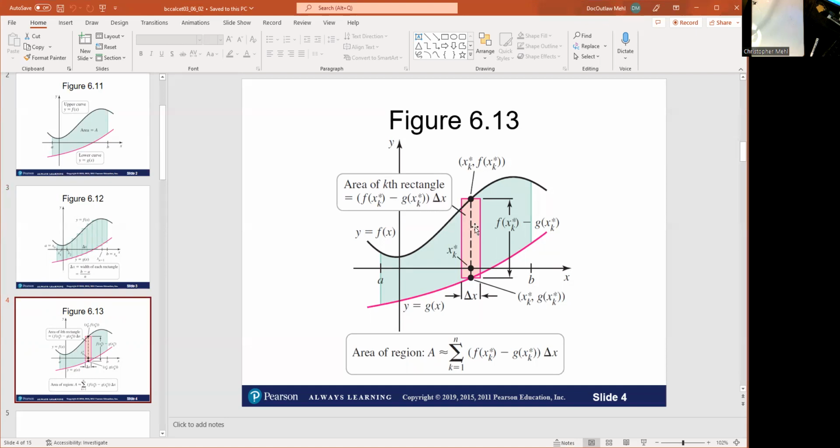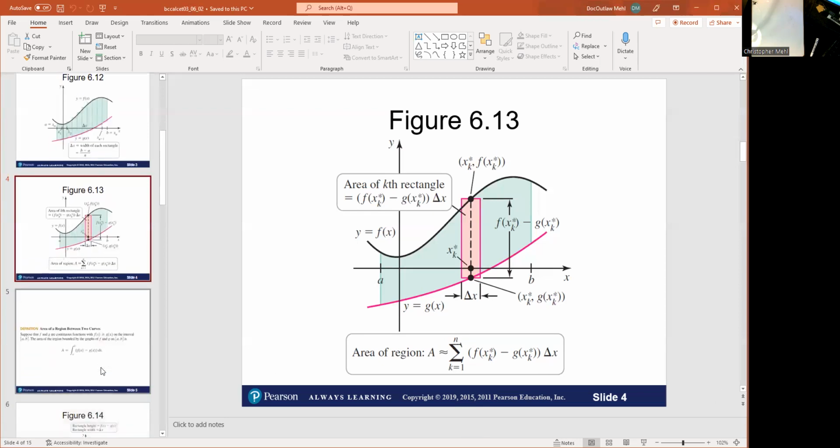I have n of them, and I'm going to add them together. Once again, I've approximated my area by a Riemann sum: the sum from k equals 1 to n of the quantity f at xk star minus g at xk star, times delta x. That's my approximation.